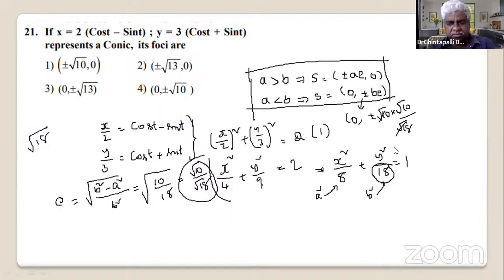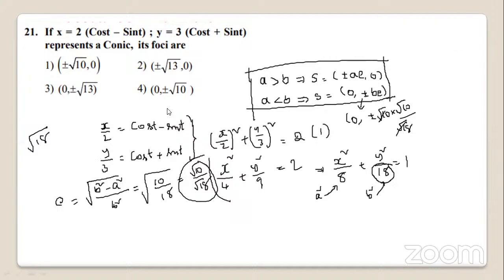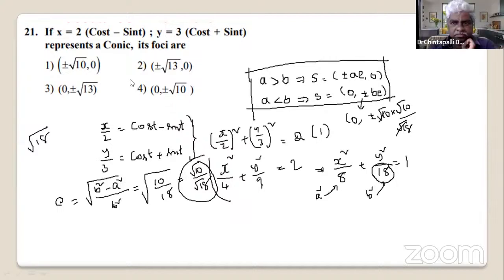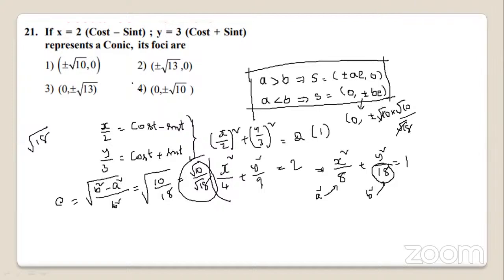Root 18 gets cancelled, so the answer is 0 plus or minus root 10. Which option? Root 18 is cancelled already. Option 4, plus or minus, right?